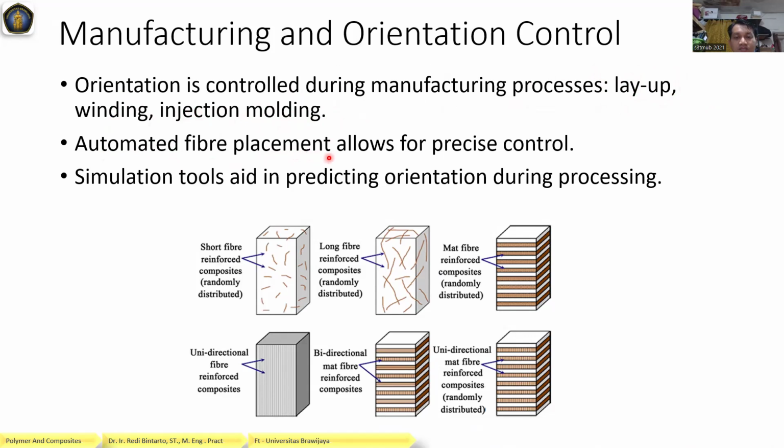Automatic fiber placement allows for precise control, and this is with a robot, automatic. And simulation tools aid in predicting orientation during processes. There is a simulation tool as well, computerized, just for predicting orientation during processes. After we predict the orientation, we can predict the strength of the composite.